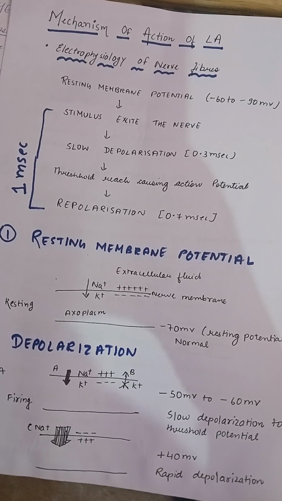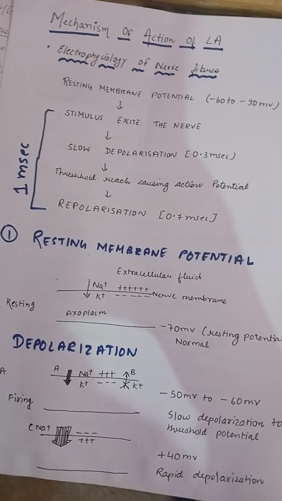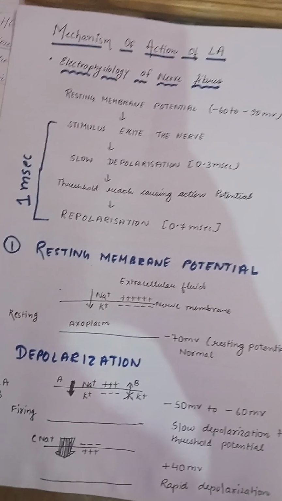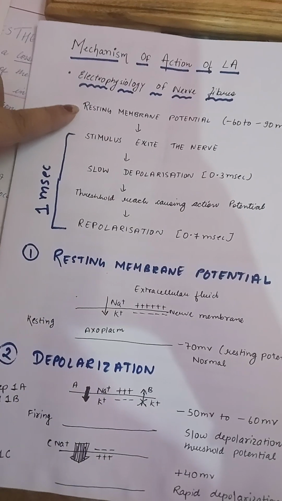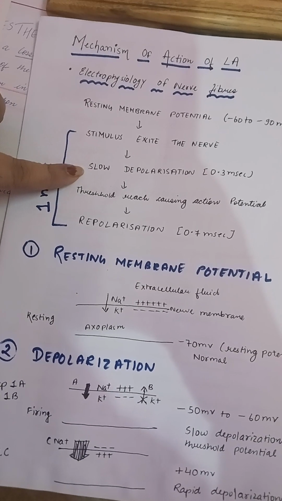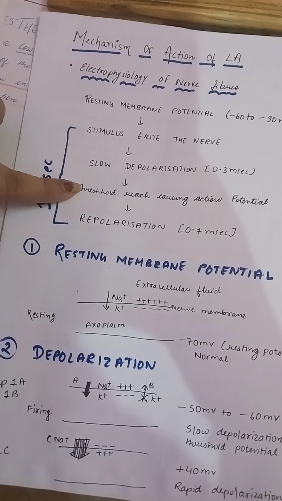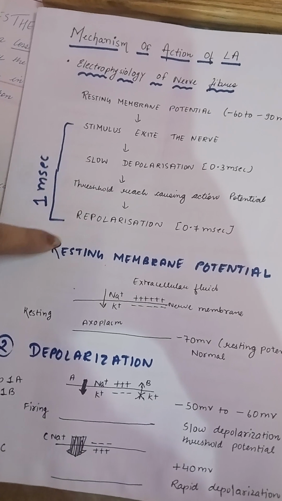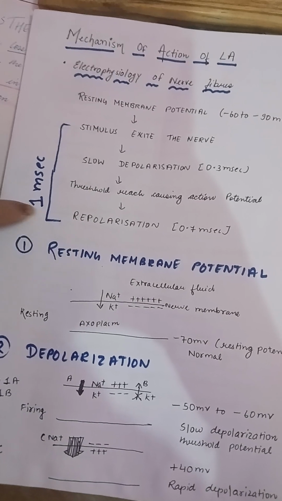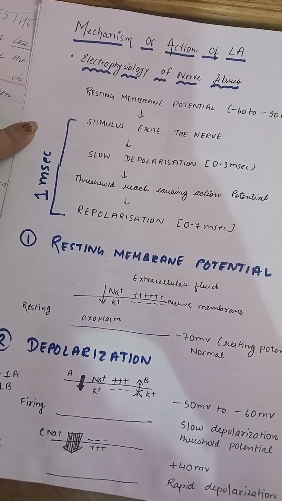Then there is a phase of repolarization, which is 0.7 milliseconds. So: resting membrane potential, then stimulus, then slow depolarization, then action potential generation, and then repolarization. From this to this, it takes 1 millisecond.